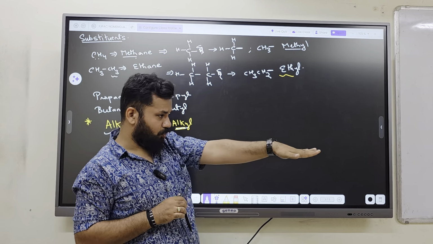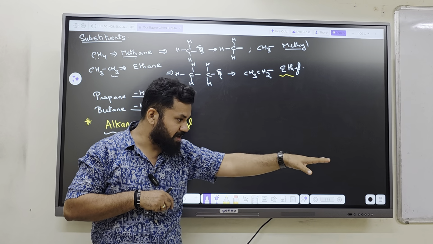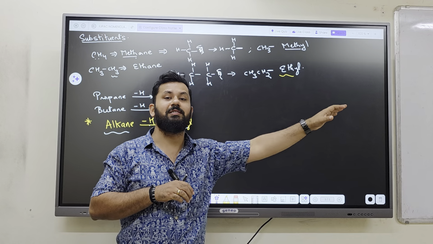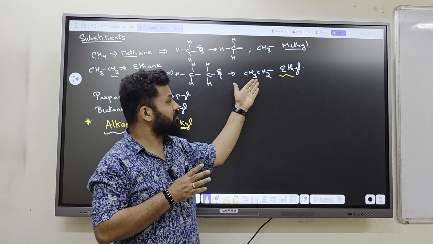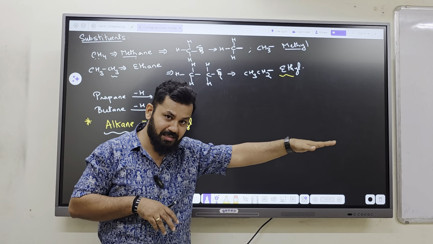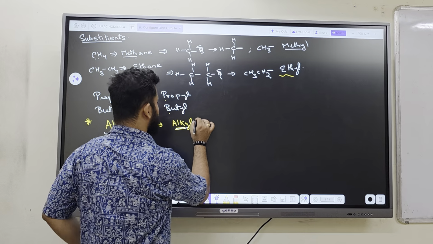Again, methane, we removed hydrogen, so it has one free valency, like one free hand. With that one free hand, it is going to hold to the PCC, parent carbon chain.